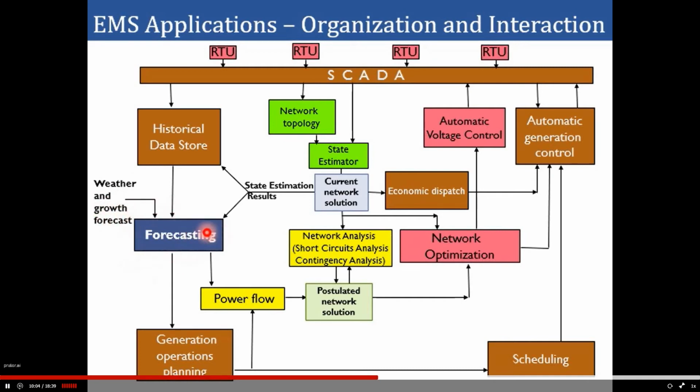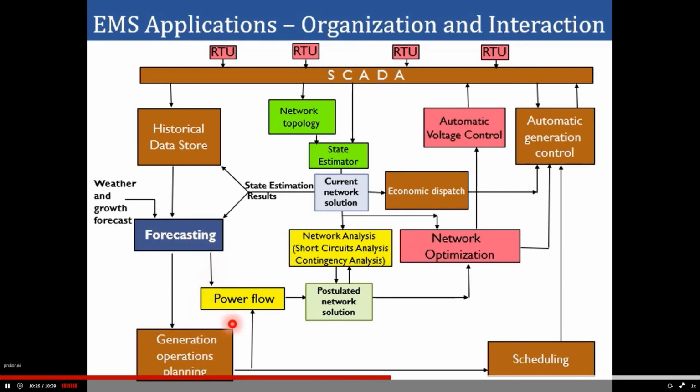Then it will process the data and forecast the future values of power flows in the various transmission lines. This will help in carrying out generation planning as well as expansion of the power corridors.